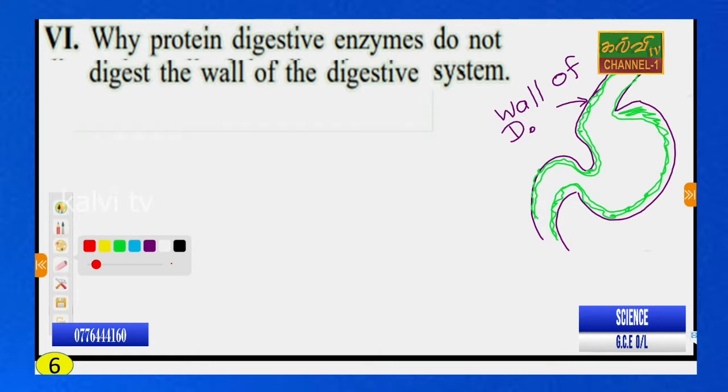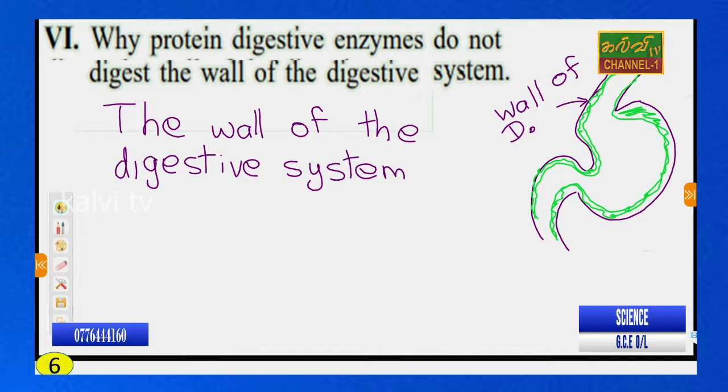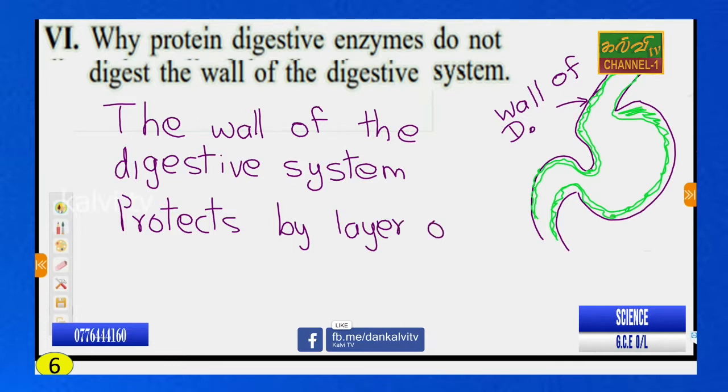So what is the answer? The wall of the digestive system is protected by a layer of mucus.